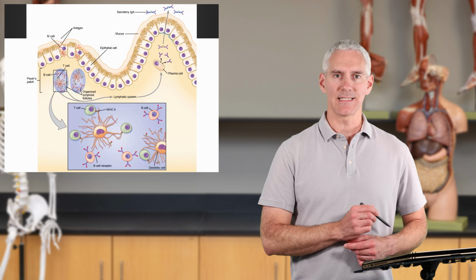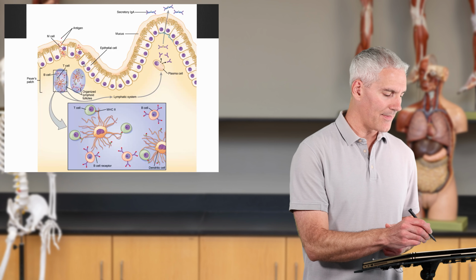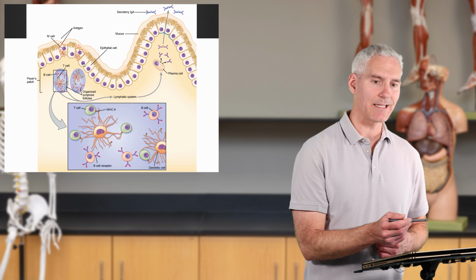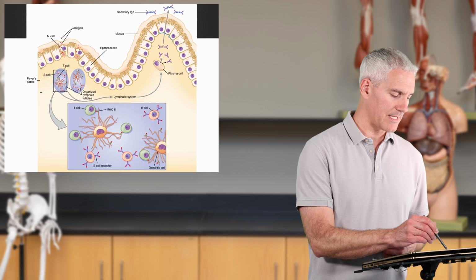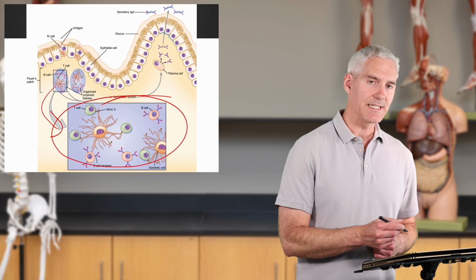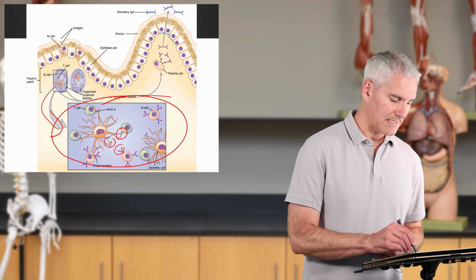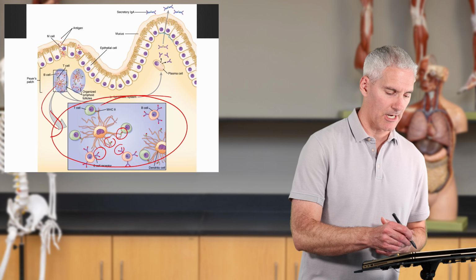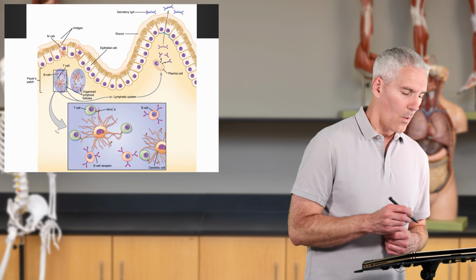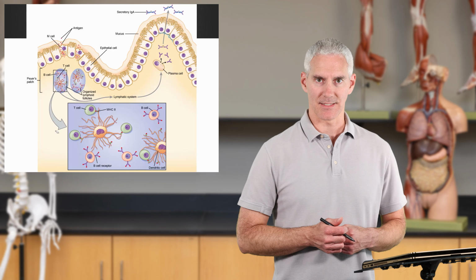We're now down in the intestines because these are going to be Peyer's patches. And those Peyer's patches, you can see, have T cells and B cells. So if we're taking this arrow over here and looking at this whole piece, the T cells and B cells are receiving all of the antigens that are being found. What that means is they're getting ready to make these antibodies.